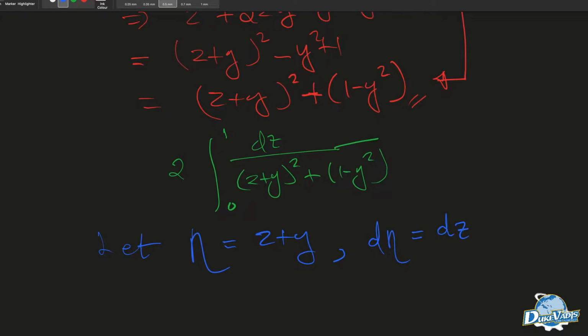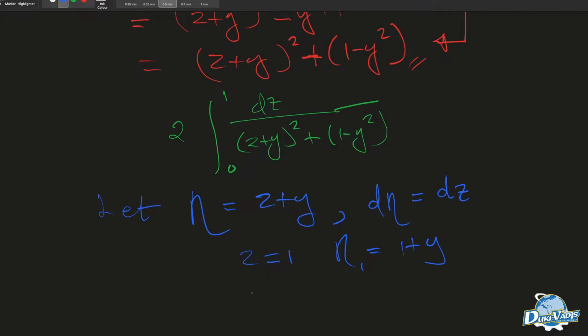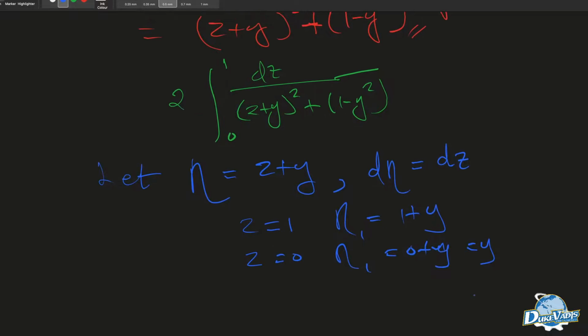If that is the case, then our limits will also change, because when z is equal to 1, our xi will be 1 plus y, and if z is equal to 0, this will be 0 plus y, which is y. So the limits now have changed.